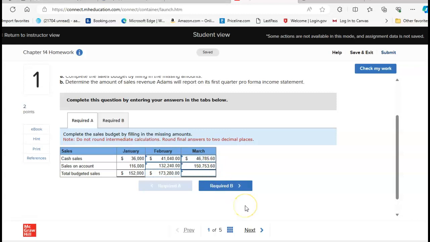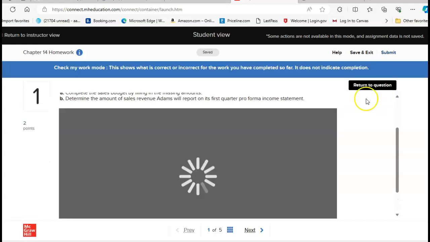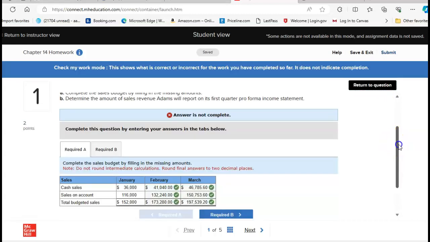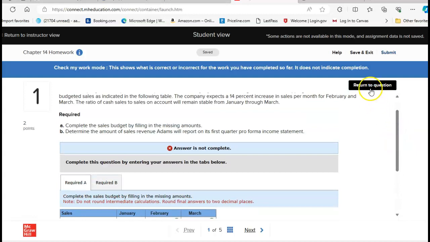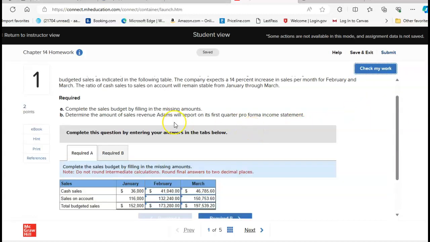Let's add those two together. The 46,785.60 plus the 150,753.60. Total budget sales for the month of February, for the month of March, excuse me, $197,539.20. So let's check our work. Yep, and those are good numbers for part A.